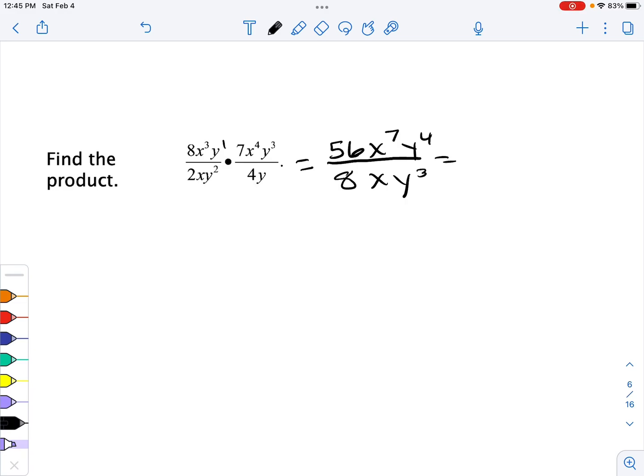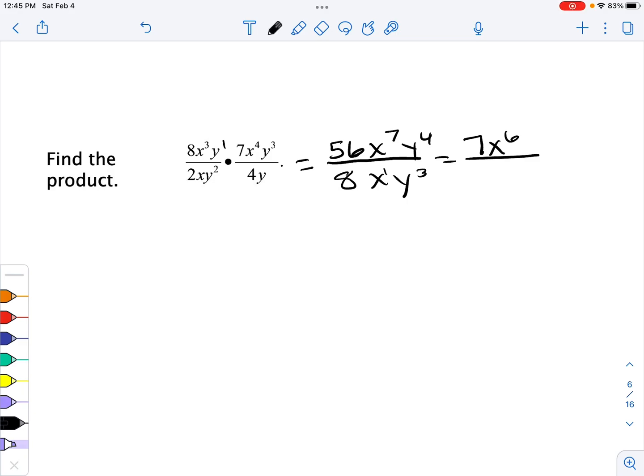Now you can reduce it. 56 divided by 8 is going to be 7. And I'm just going to write that fraction bar there. And if you remember your rules, there's 7 x's up here. There's 1 x down there. One of them cancels out. So it's going to be x to the 6th up in the numerator.